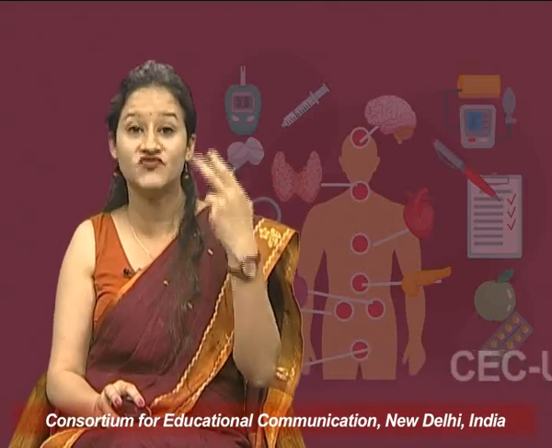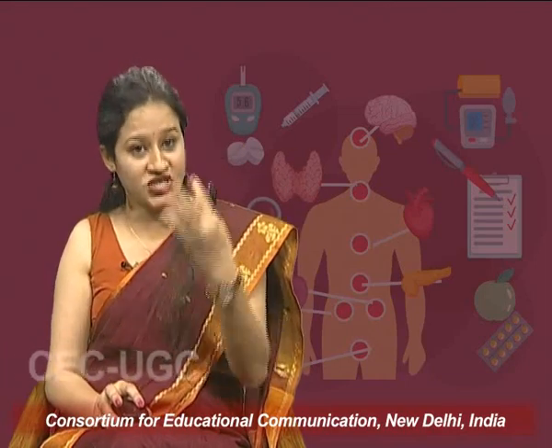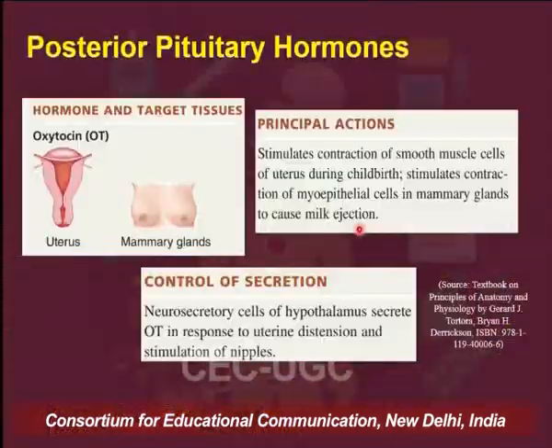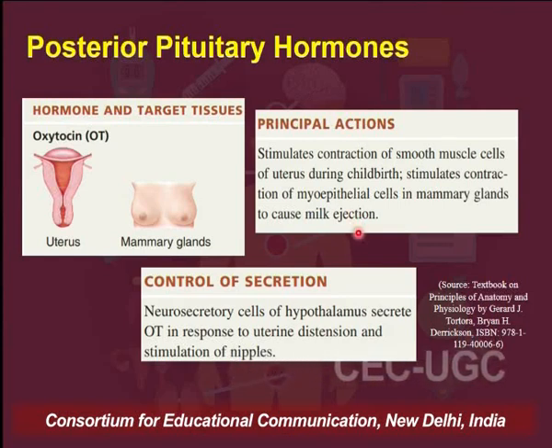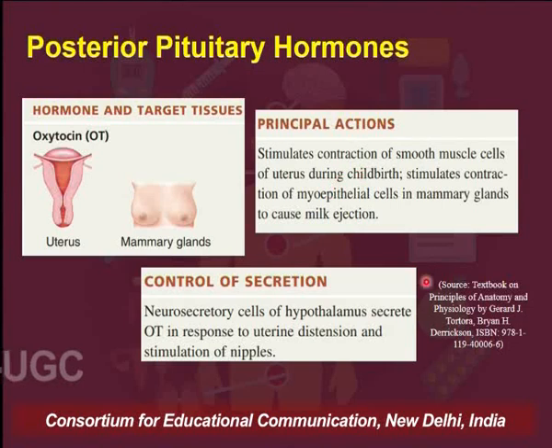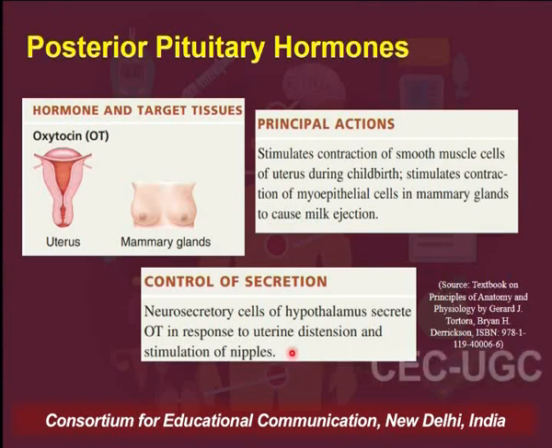It stimulates the contraction of the smooth muscle cells of the uterus at the time of parturition, that is, at the time of delivery, and at the time of ejection of milk from the nipples of the mammary glands. Again, oxytocin plays a critical role. The secretion of oxytocin is regulated by the neurosecretory cells of the hypothalamus.